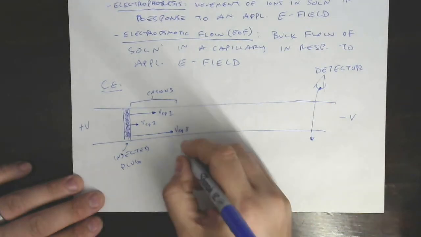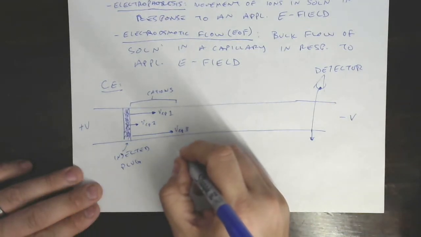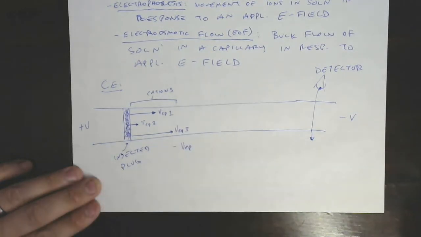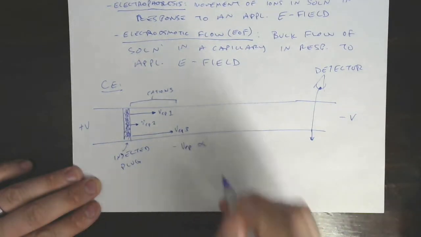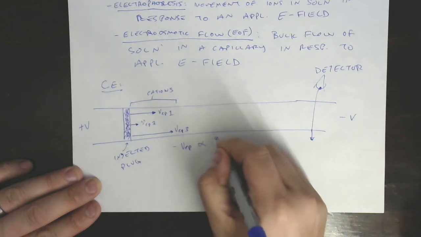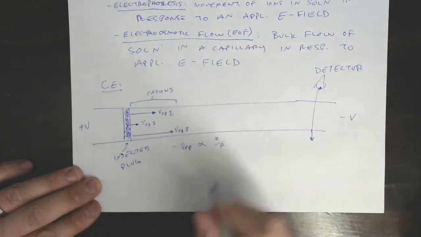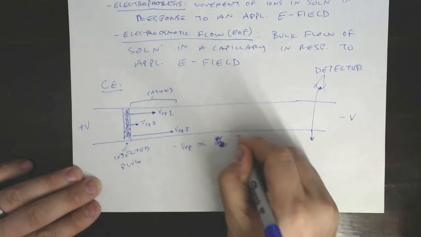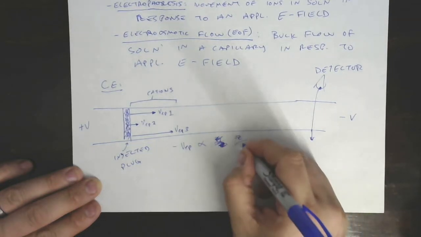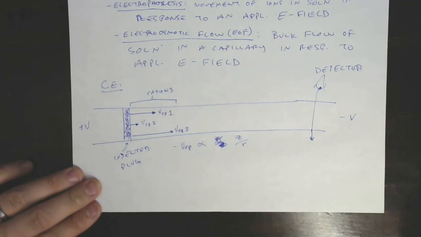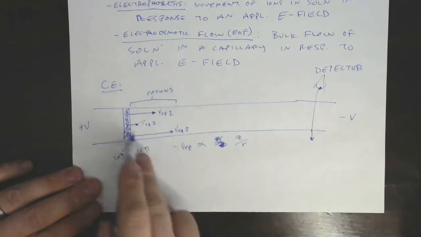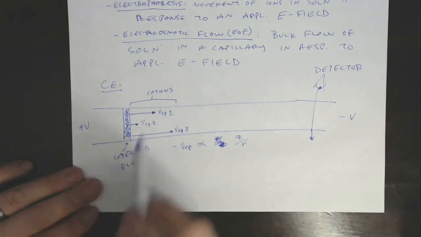The electrophoretic velocities of each of these molecules is proportional, as we saw last time, to the number of charges, z, over the hydrodynamic radius, r, of the ion. So larger hydrodynamic radii slow these things down, higher charges speed them up. Okay, these are all cations.